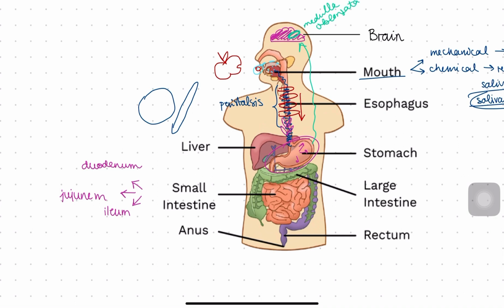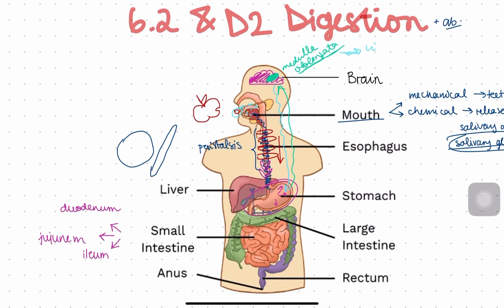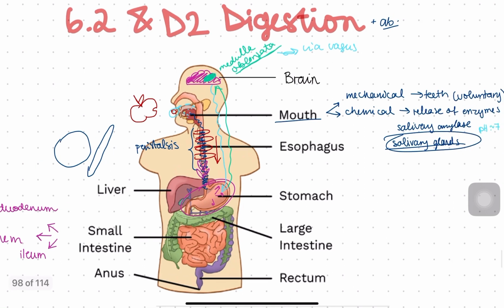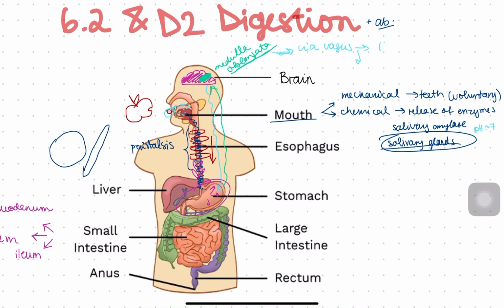Okay, so what's going to happen here is that when we think about food or when we eat food, an impulse is going to go to the medulla oblongata, and the medulla oblongata is going to send an impulse through the vagus nerves into the stomach so it can produce, let's say via vagus, HCl, hydrochloric acid, and pepsinogen.